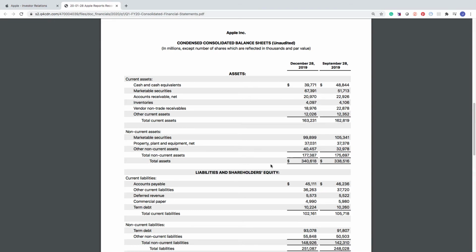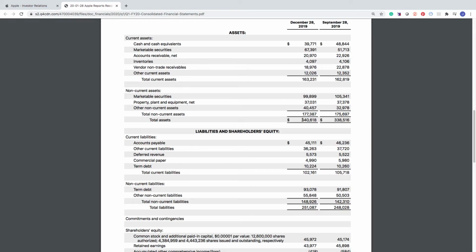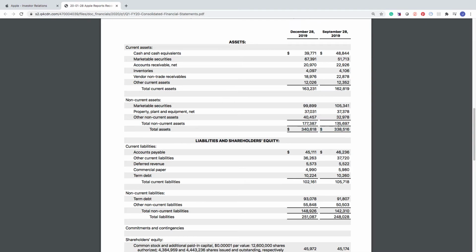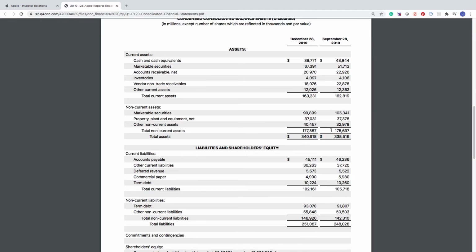So let's talk about assets first. Talking firstly about numbers, 340 billion as an asset base is huge. Apple is amongst a handful of companies, maybe 4 or 5 companies globally, which has such a huge asset base. It's a massive company, one of the biggest in the world. So that's one.